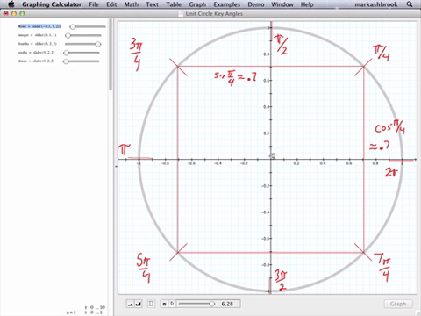So to actually solve for that, what can I do here? What's this distance right here? That's cosine or sine? That's cosine. We'll call it A. This one is? That's sine.